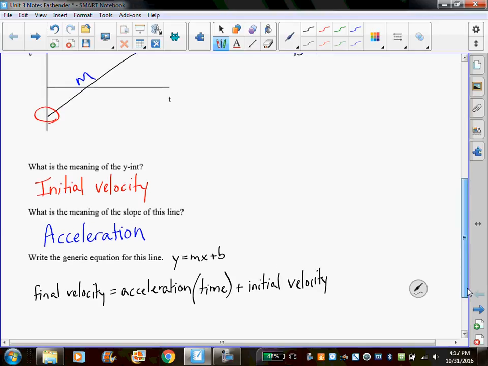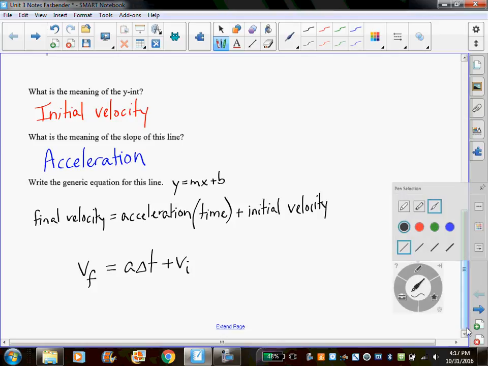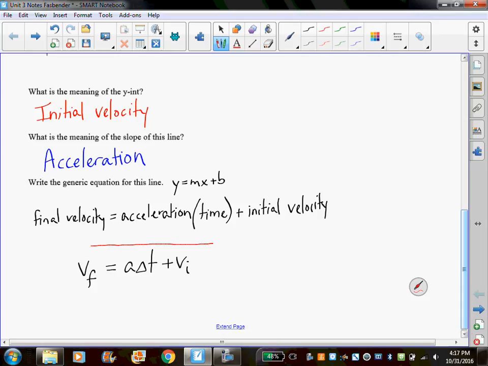So this is a generic equation that we could use in order to algebraically solve pretty much any problem. And to be a little bit more concise, we can write this as vf equals a delta t plus vi. And this is going to be one of our major kinematics equations that I ask you to memorize and I ask you to use whenever I ask you to solve a problem using algebra.